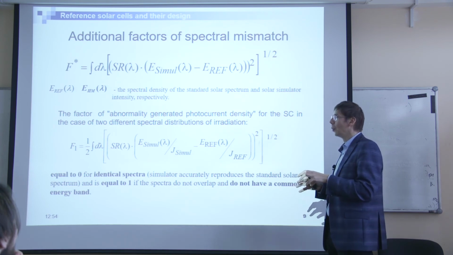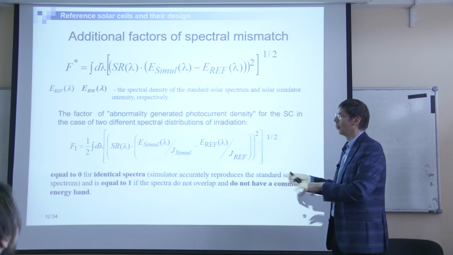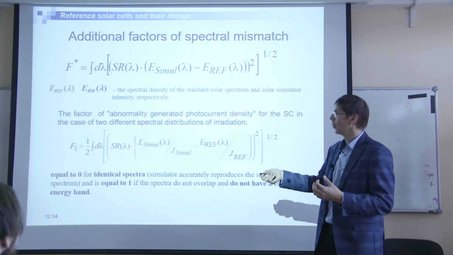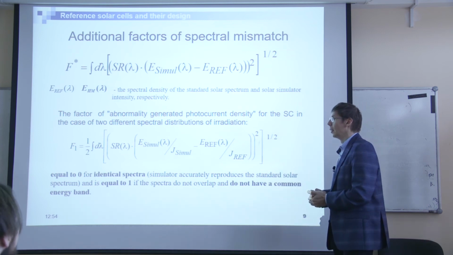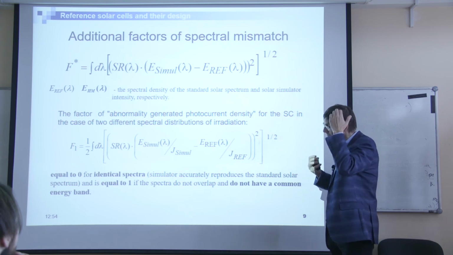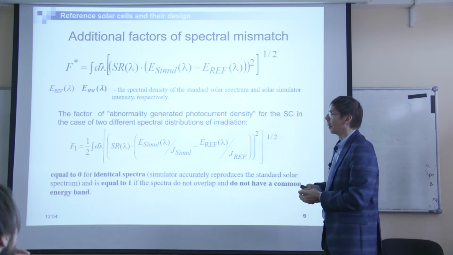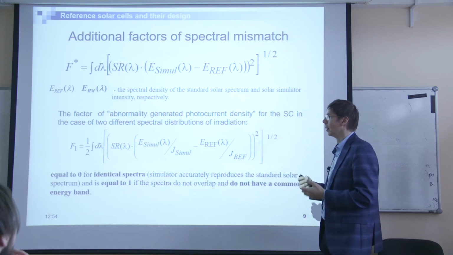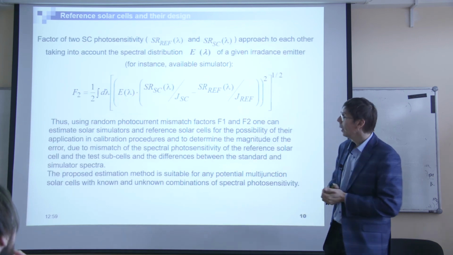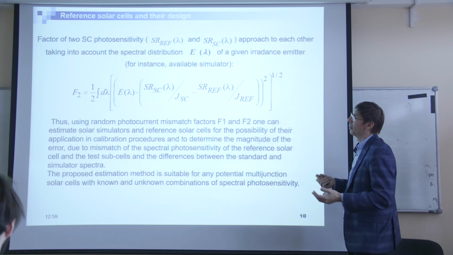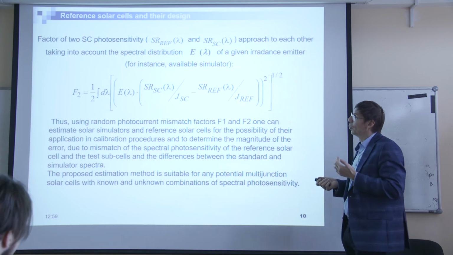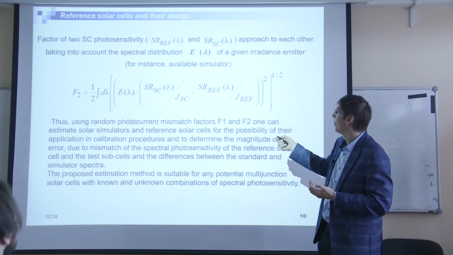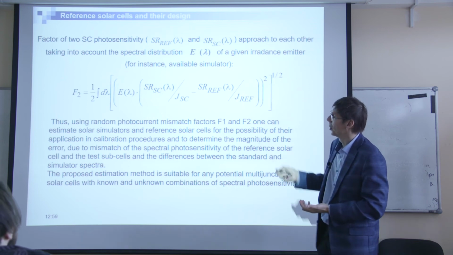When you have a choice, for example, of two simulators, which one should be used for the measurement of some specific solar cell, you should not have just a feeling, not just a qualitative estimation, but you have to use a quantitative estimation. And similarly, there is another parameter which is used to estimate if our reference solar cell corresponds to the measured solar cell.